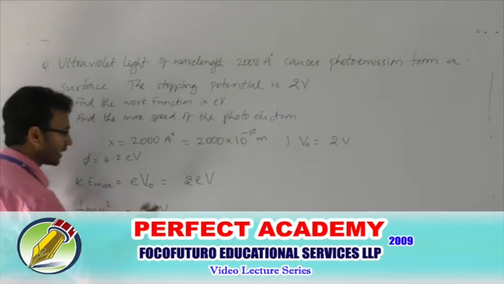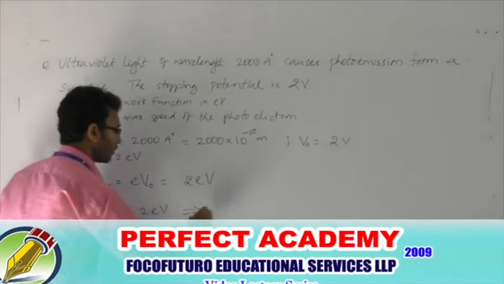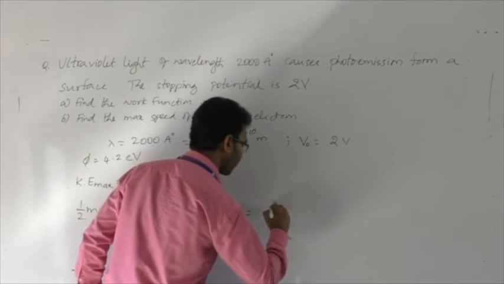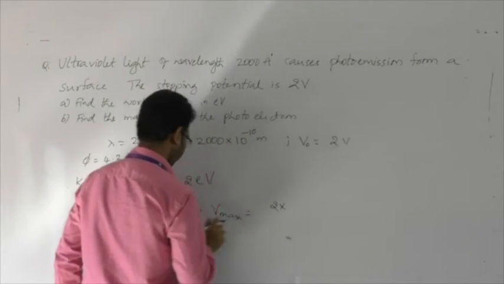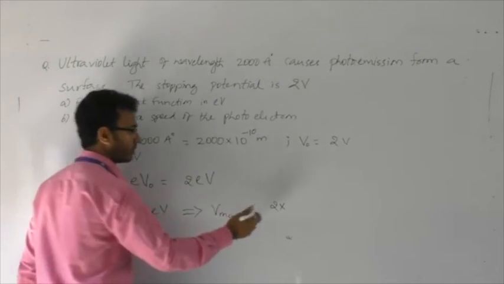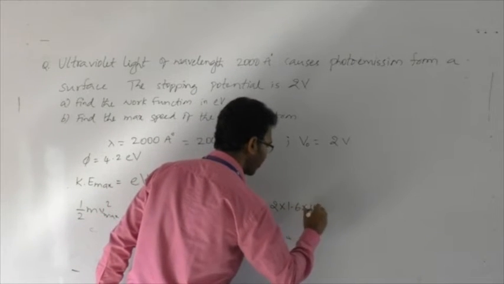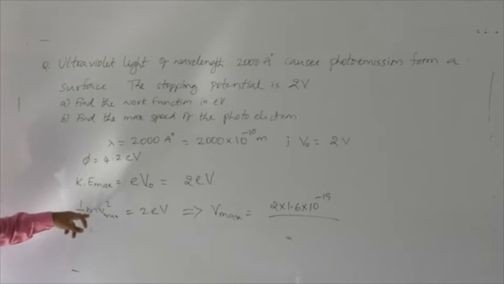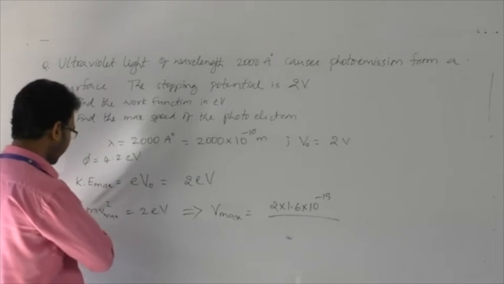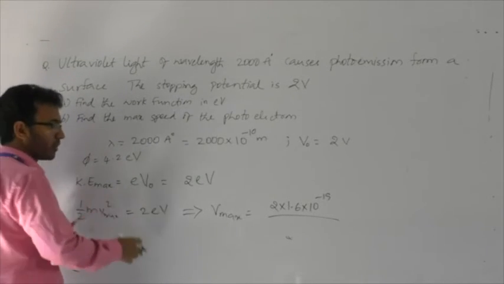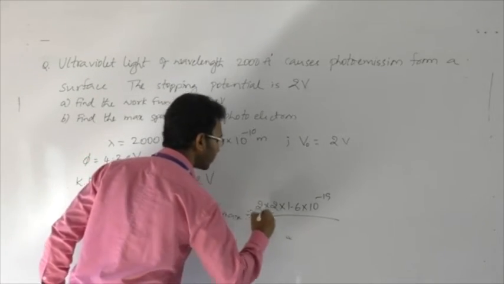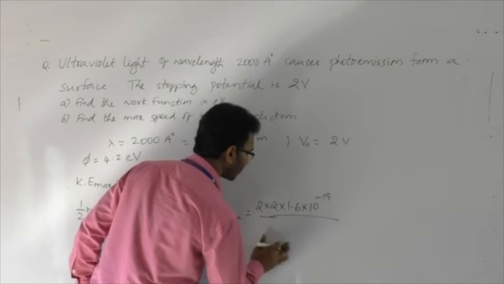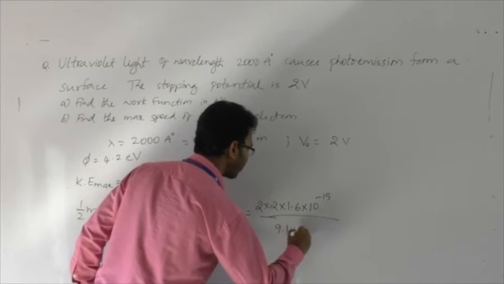Therefore v max is 2 into 2 electron volts to joules, 1.6 into 10 power minus 19, divided by the mass. Oh, one more 2 is there, the half also multiplies here. Mass of the electron is 9.1 into 10 power minus 31.